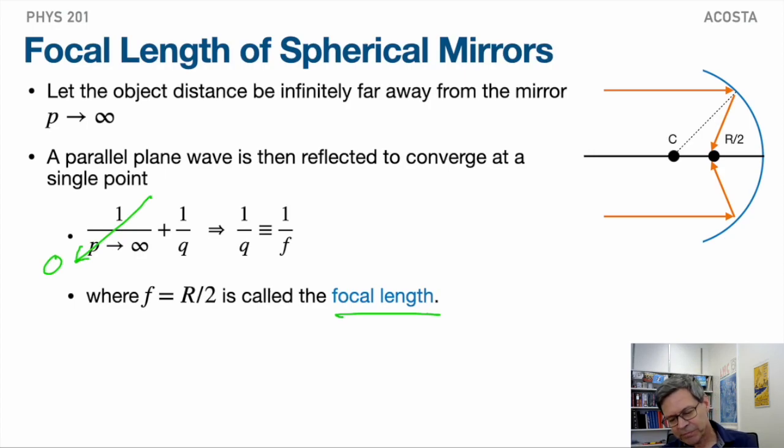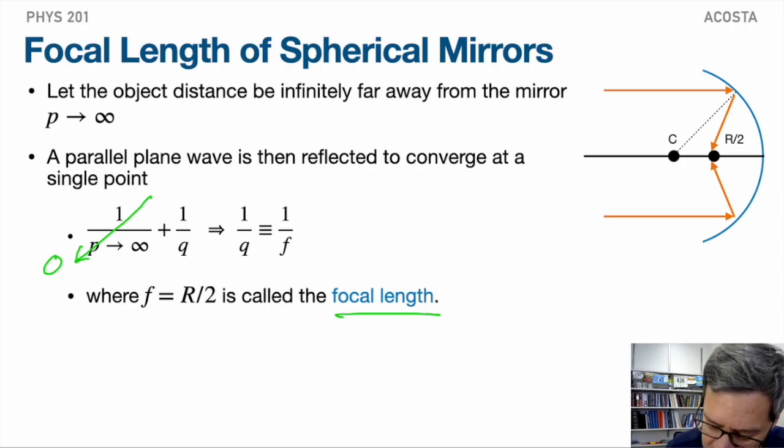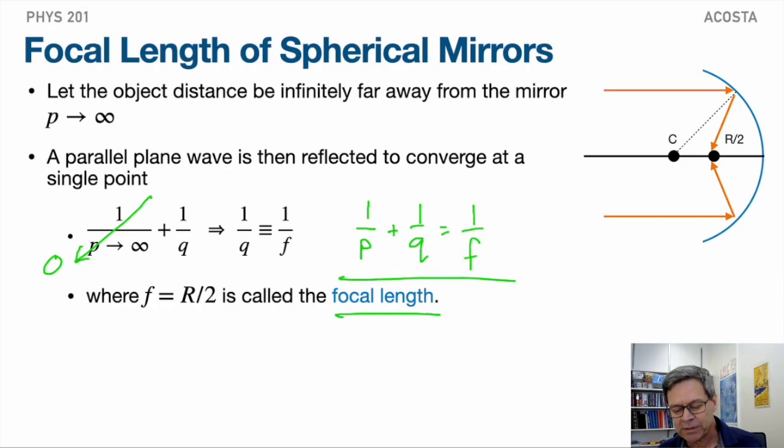And that lets us write an expression that will be similar for mirrors and for lenses, that 1 over p plus 1 over q is 1 over f, where f is r over 2 for spherical mirrors. And remember, use the convention that r is negative if it's a convex mirror.